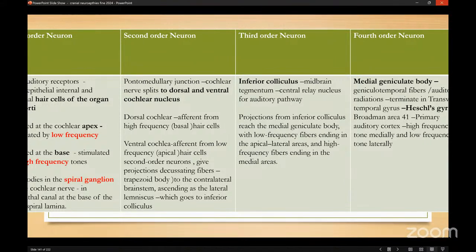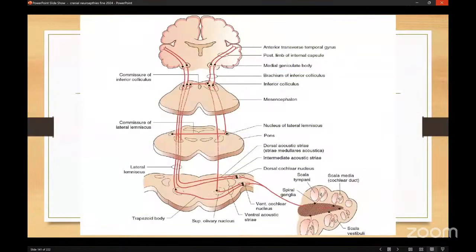The dorsal cochlear nuclei are carrying the afferents from the high frequency basal hair cells, and the ventral cochlear nuclei are carrying the afferents from the lower frequency apical hair cells. So this is the auditory pathway. You should remember the cochlear nerve, cochlear nuclei, dorsal and ventral.